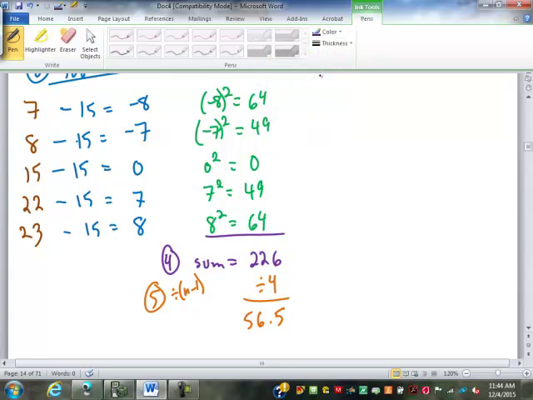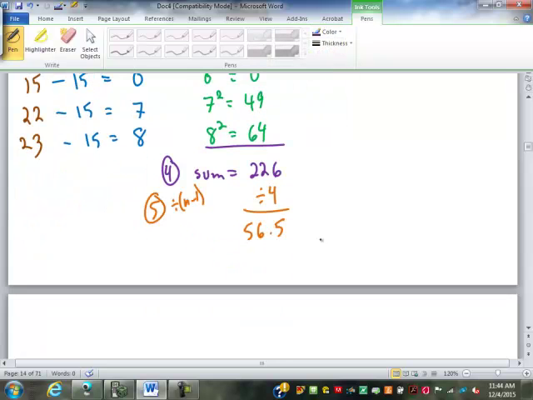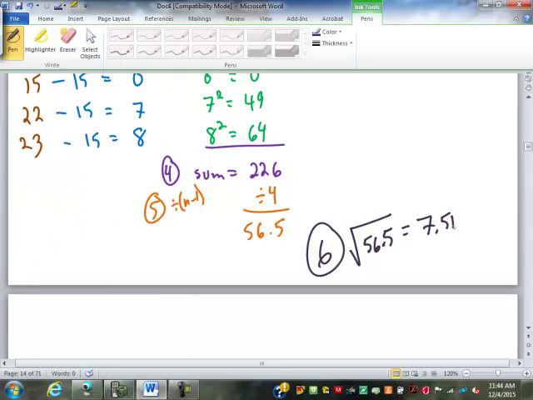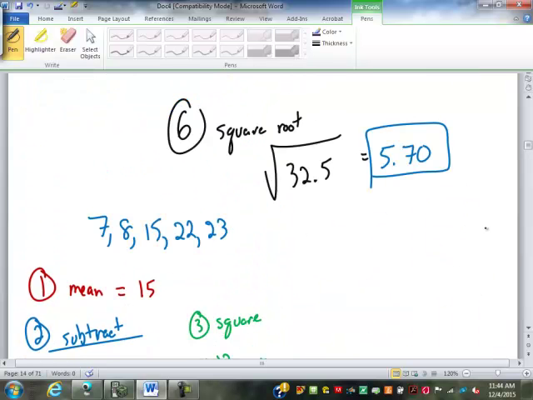We're asked for the standard deviation, so we need to do step 6, which is square root of 56.5, which is 7.517. We'll round it off. Which is larger than 5.7. So it's showing that that is more spread out.